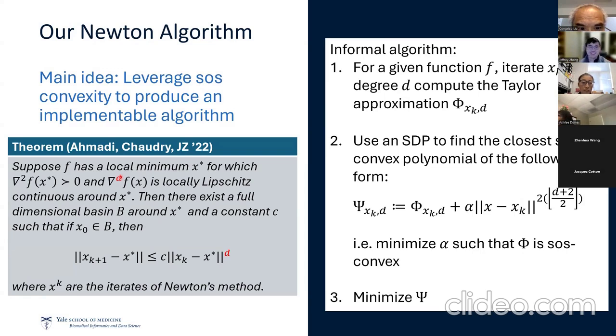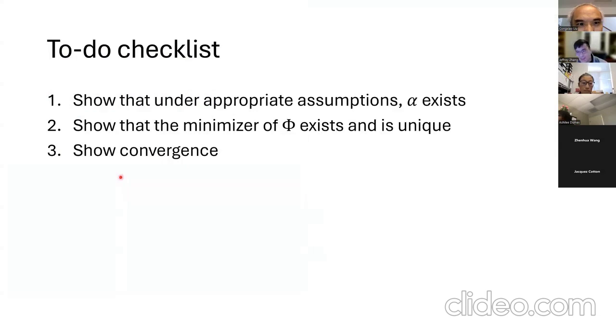Now, this is an algorithm. If we were in, say, machine learning, we would have this algorithm and call it a day. We're mathematicians, so we're going to make sure we cross our i's and dot our t's. So we have a little to-do checklist.